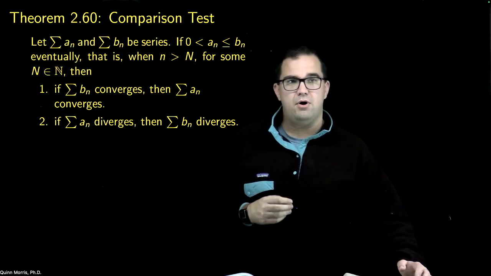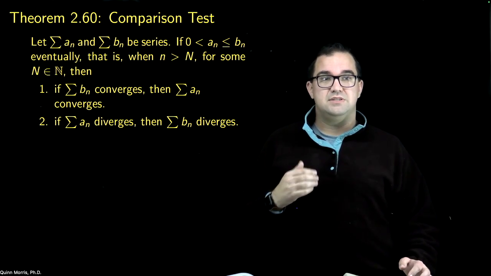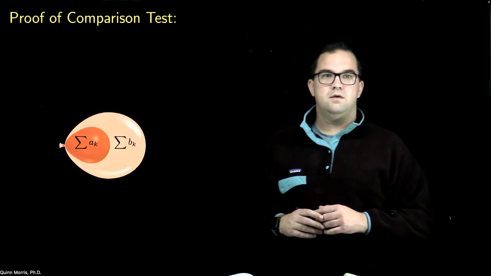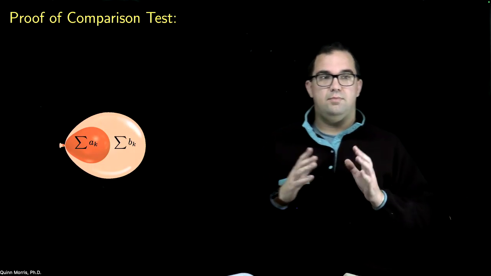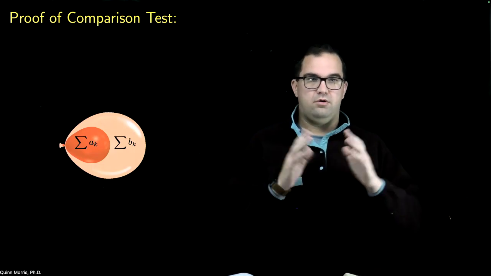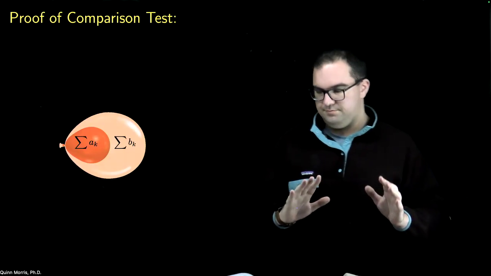Now, it can be helpful, both in eventually proving this and also in just thinking about this, to consider a visual. So imagine that you have two balloons. The balloons are identical in makeup, in material, in all of these factors, okay?